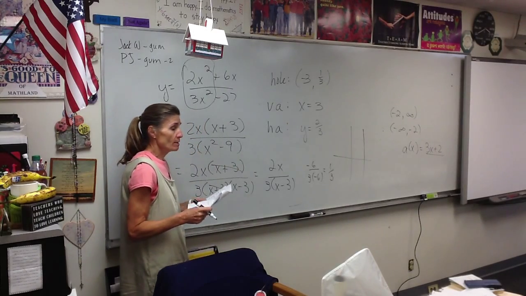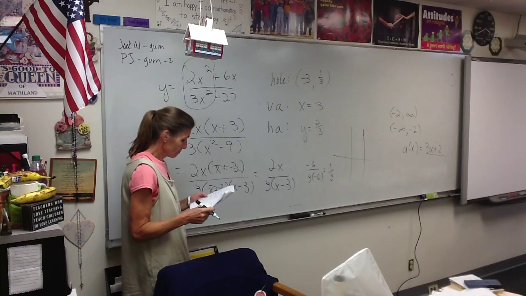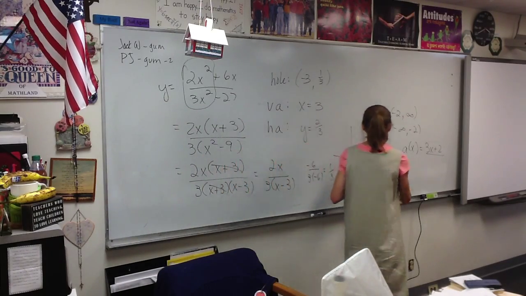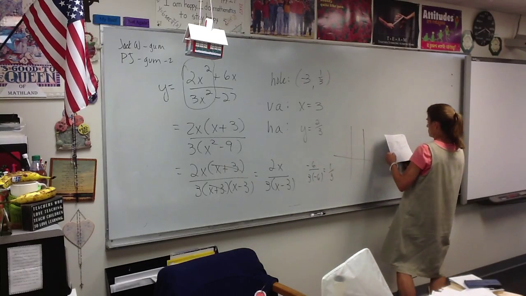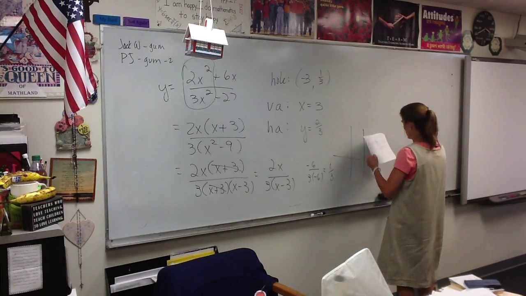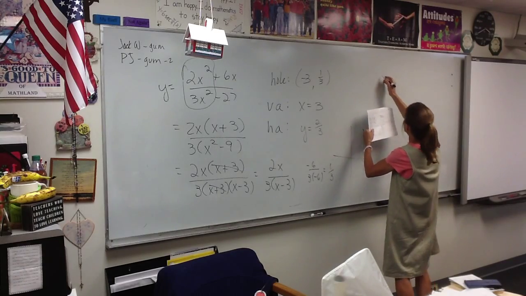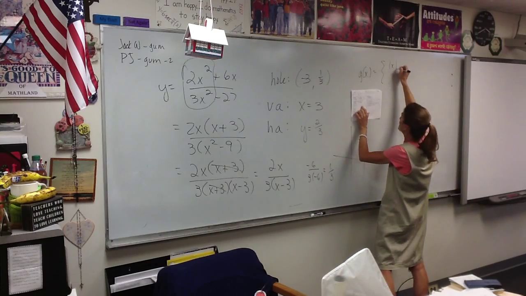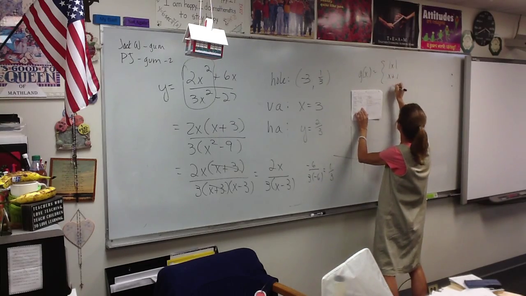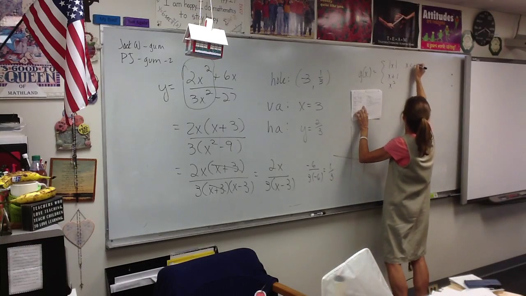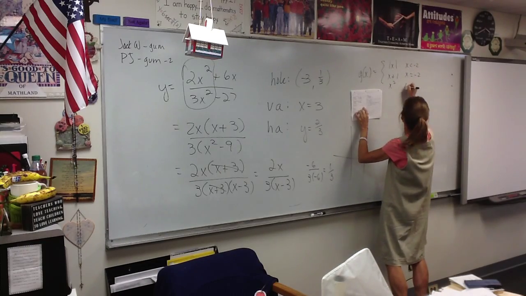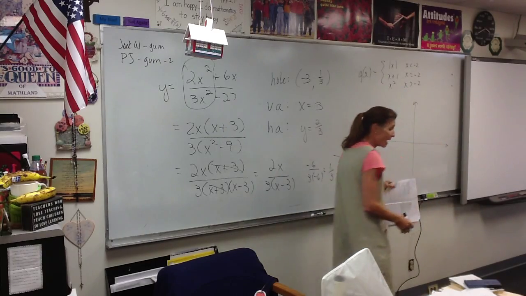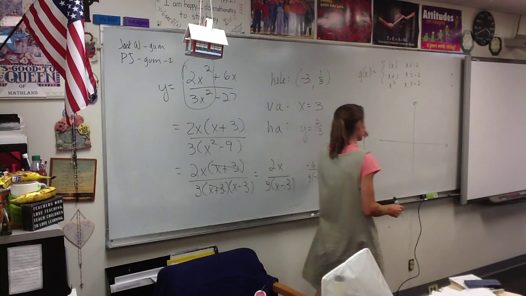All right, who else? Bailey? 3B. Have you tried 3B? Yeah. Okay. I got everything except for the middle point. Okay, so 3B says... so that top one is just our good friend, the absolute value, right?